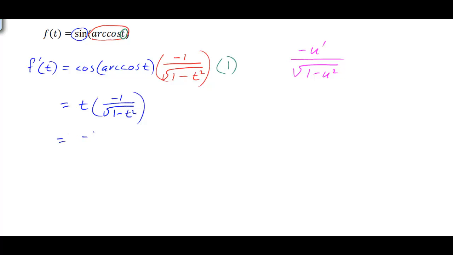Or we could think of this as negative t over the square root of 1 minus t squared. Okay, so that's one way we can find the derivative.